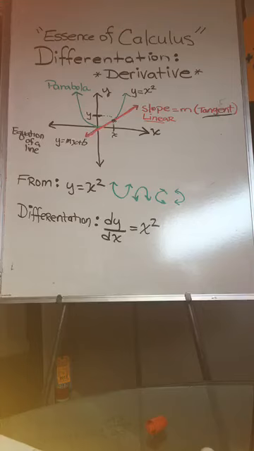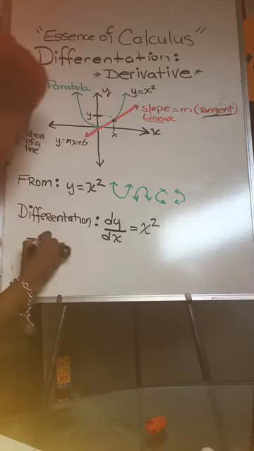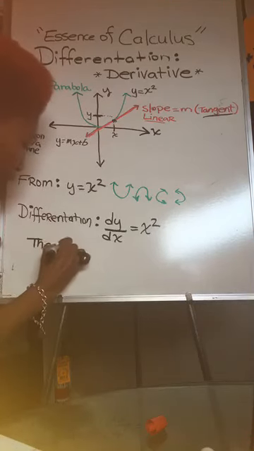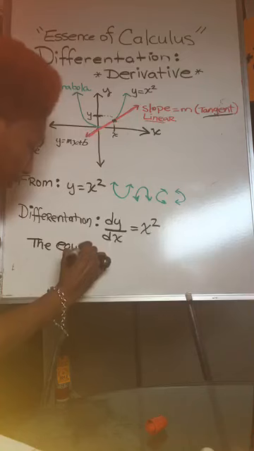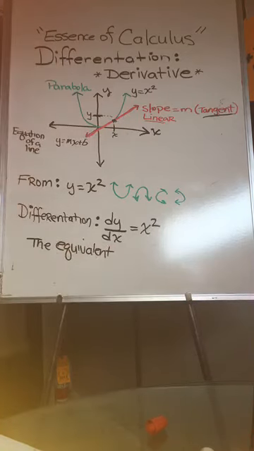All right? So, let me just give you the definition quickly. The definition of differentiation or derivative is, it is the equivalent. The equivalent, and this is very important. I know it's a lot of writing and words, but you know you have to read before you learn how to count.